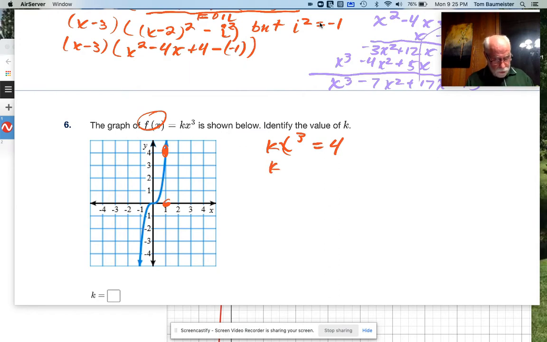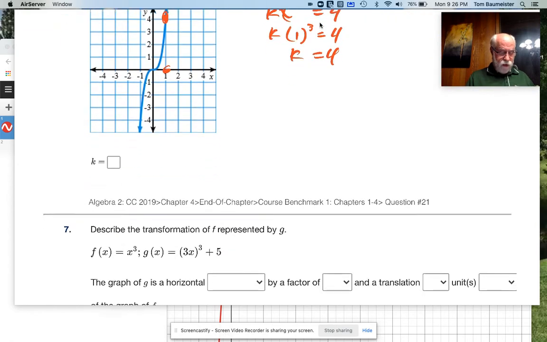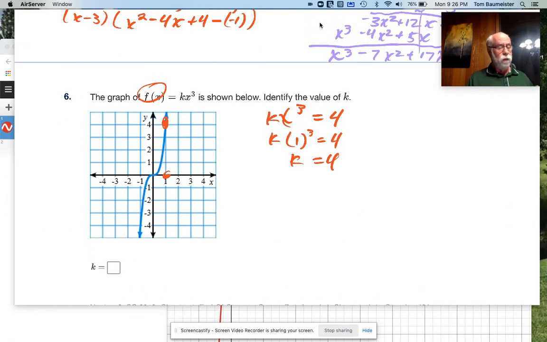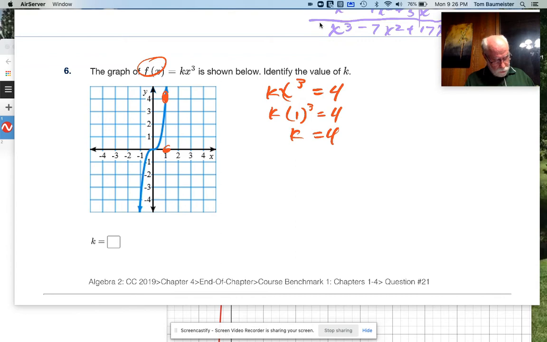Our x I just said was 1. So 1 cubed is 1. So that'll give us that k is equal to 4. Now check it just to make sure. If I take x is equal to negative 1, negative 1 times negative 1 times negative 1 is a negative 1, right? And negative 1 times 4 is negative 4. So that does work. So our k is equal to 4.